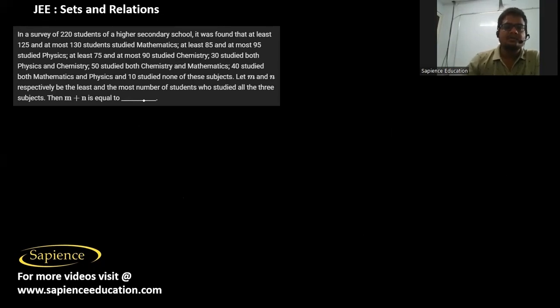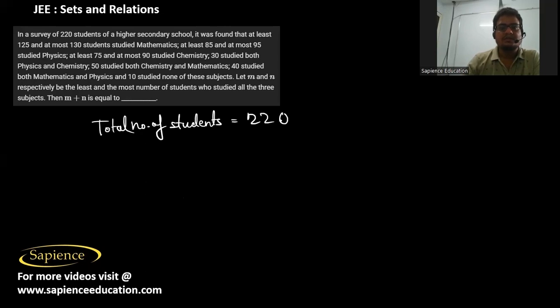Okay, then here it is told, in a survey of 220 students of a higher secondary school, the total number of students on which the survey has been done is 220.